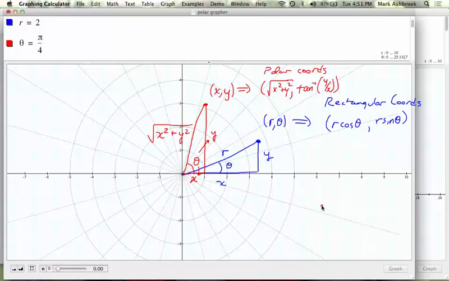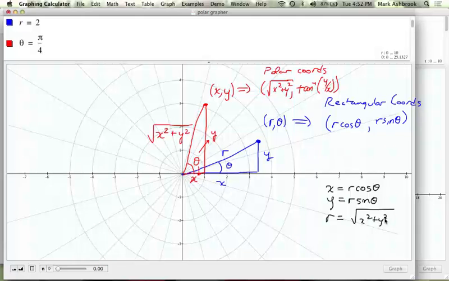Okay, so these relationships are going to be important for transitioning between the two systems. x equals r cosine theta, y equals r sine theta, r equals the square root of x squared plus y squared, and theta is arctangent of y over x.